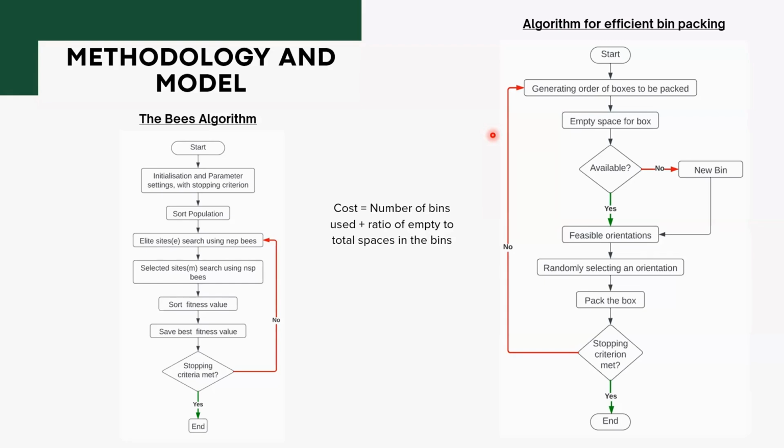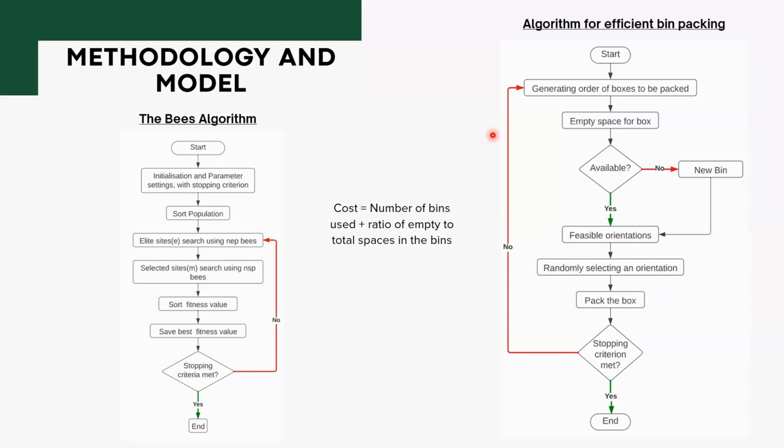So we iterate through each of the boxes, and then for each box we iterate through all of the bins that we are currently using, and we try to find an empty space in any of the bins with a particular orientation.